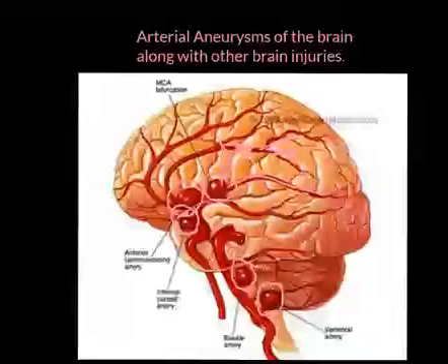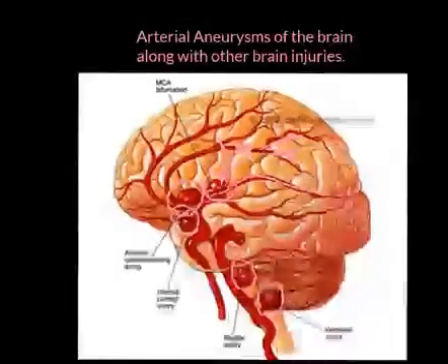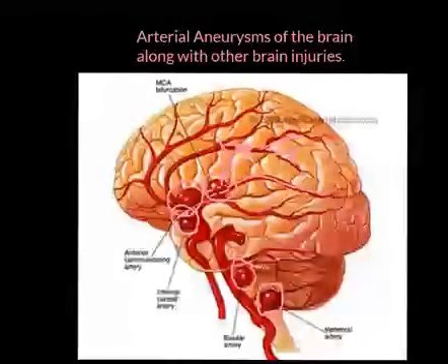Surgically, these are very hard to fix if they're deeper in the brain. If they're on the surface of the brain, they can put what they call an aneurysmal clip, which is a metal device that kind of clips the aneurysm closed and helps to prevent the aneurysm from breaking.